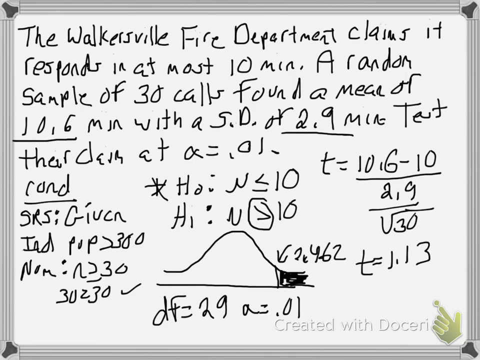So that's somewhere around here. Call this 1.13. So, reject or fail to reject? Is it in the shaded area? No. So then we fail to reject the null.